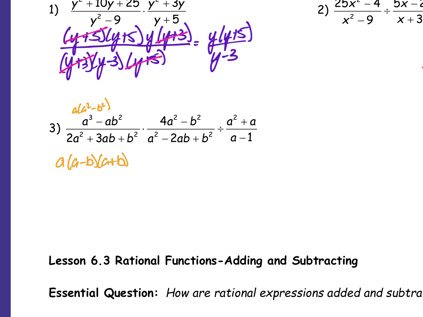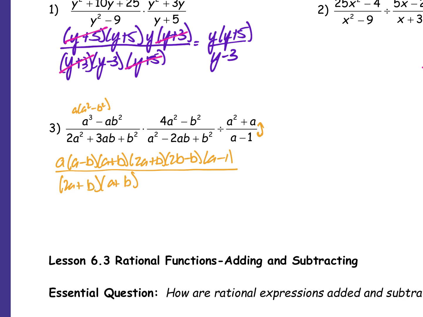And then I get 2a plus b and 2a minus b. And then this one flips, so I get a minus 1. So that's my numerator. In the denominator, I'm going to get 2a and a, and b, and they're both pluses.